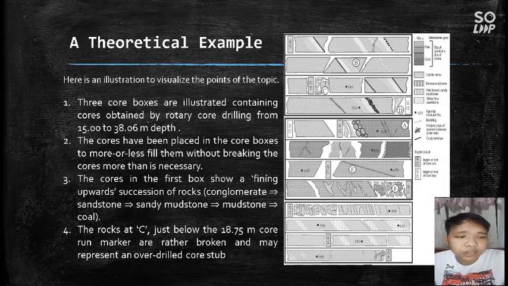The upper boxes contain 160 millimeter diameter core, while the lowest contains a core diameter of 120 millimeters. Also, the drillers have marked the beginning and end of each core run.